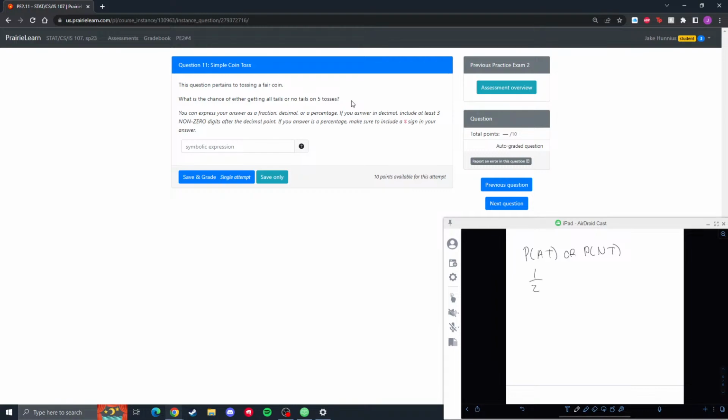The first one is a tail times the second one times the third one times the fourth one times the fifth one, or 1/2 to the 5th power, to get 1 over 32 for all tails. And then the probability of no tails is the same thing, because the probability of all heads is equal to the probability of all tails. So we can just do 1 over 32 plus 1 over 32 to get our answer of 1 over 16.